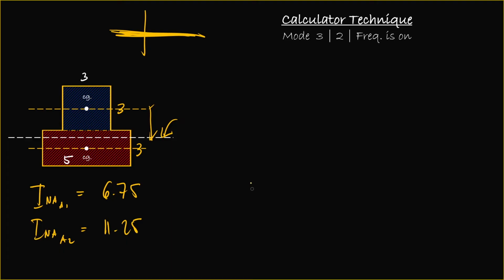Because we do not yet know where the location of the neutral axis is. So you input here the distance from the center of gravity to the reference axis. Again, the reference axis.